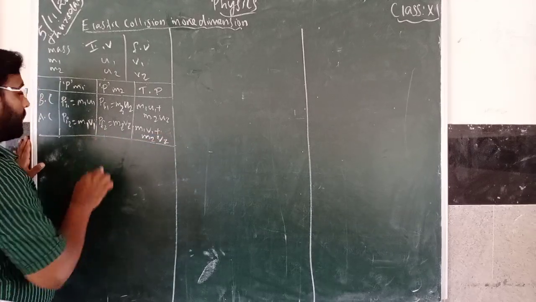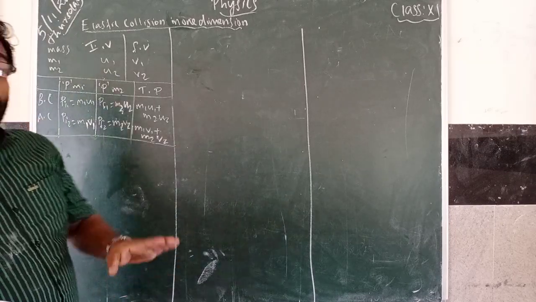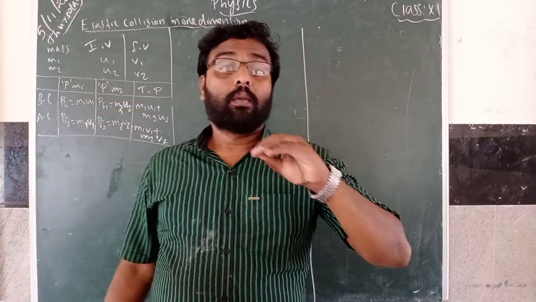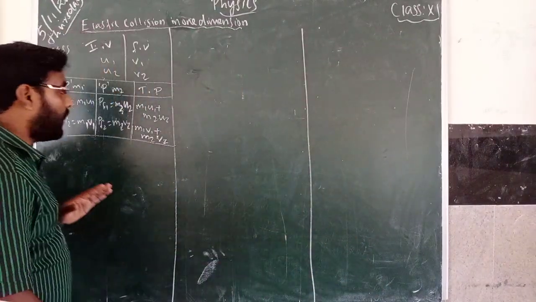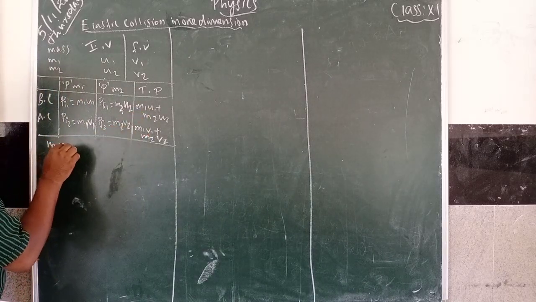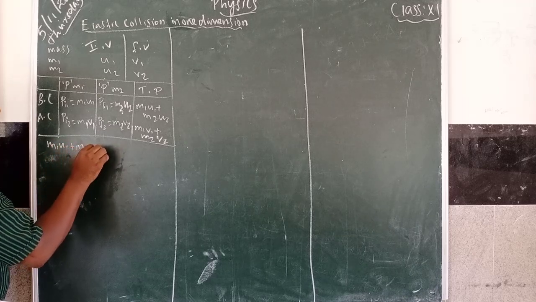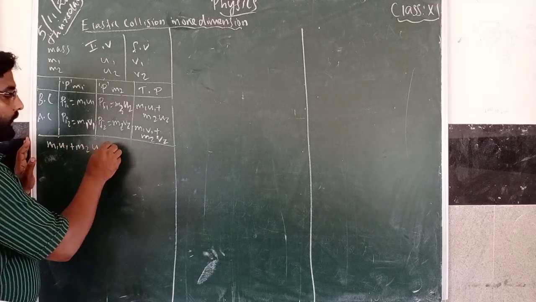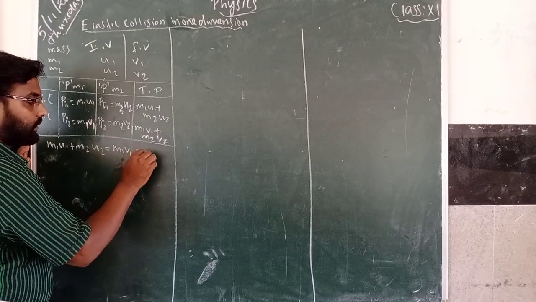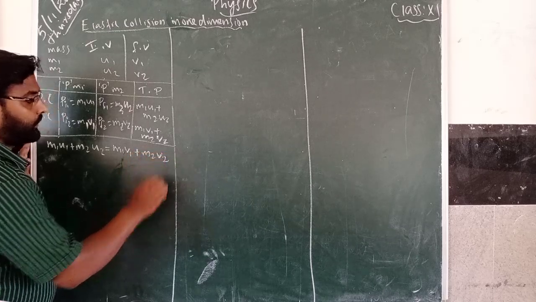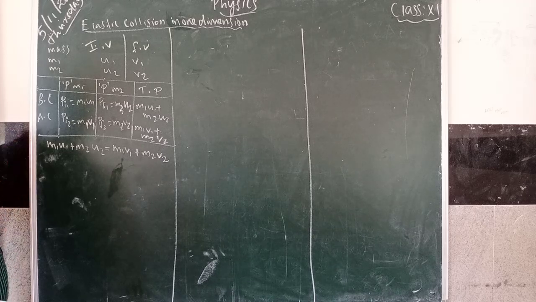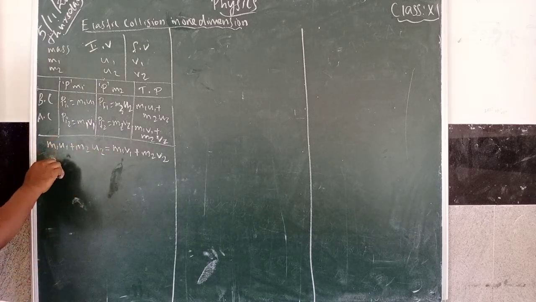Now we know that total momentum is conserved, which means momentum before is equal to momentum after. So m1 u1 plus m2 u2, the momentum before collision, is equal to m1 v1 plus m2 v2, after collision. From this you can take everything on one side.